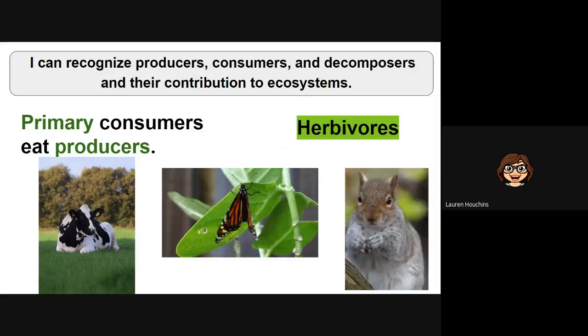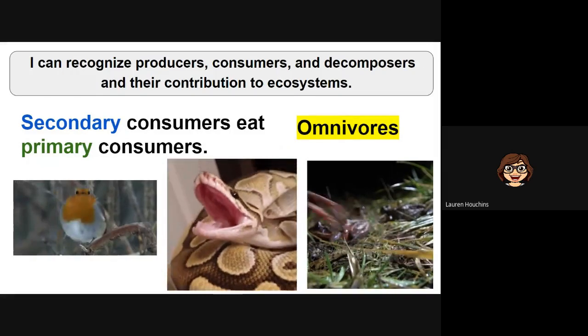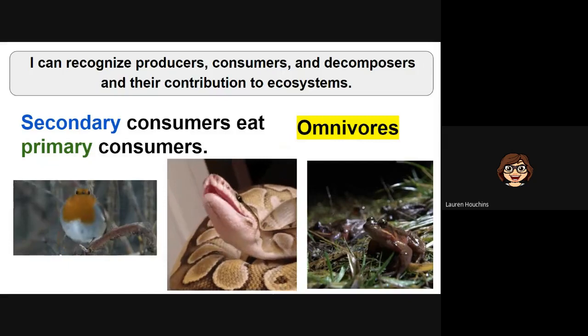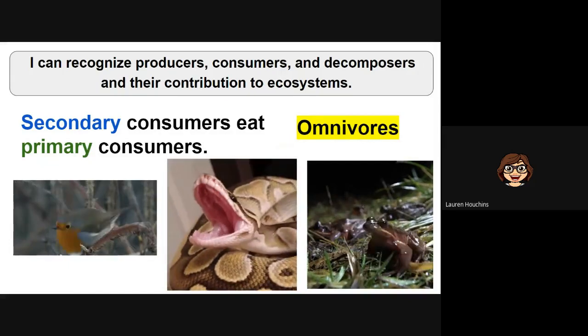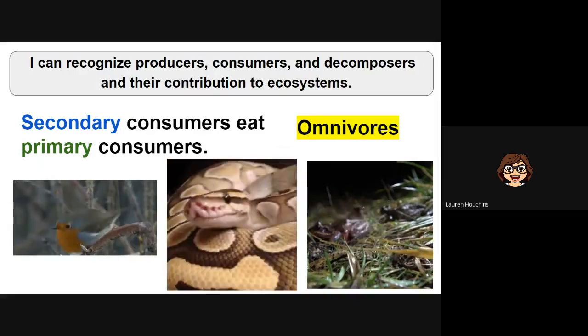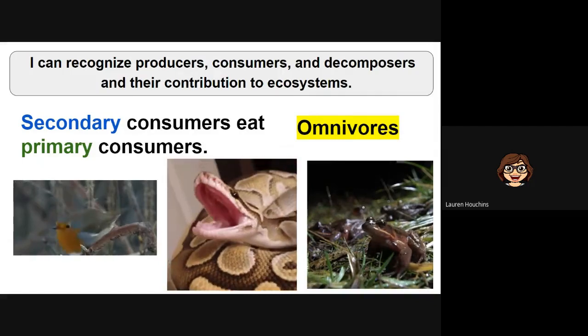If we take another step up on our pyramid, we come to secondary consumers. Our secondary consumers are going to be our omnivores. So they're going to be the ones that eat the primary consumers. So birds, snakes, frogs, all of those are considered to be secondary consumers.